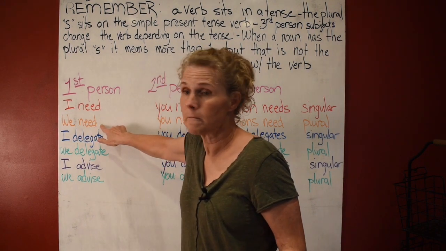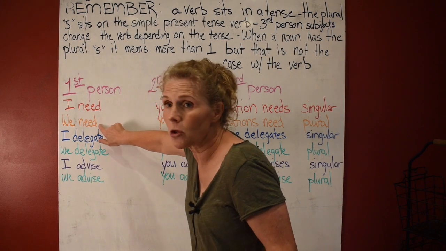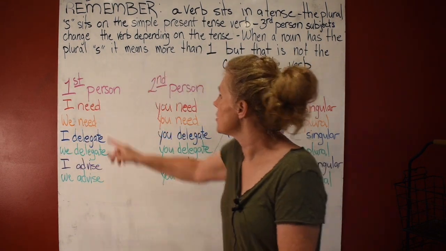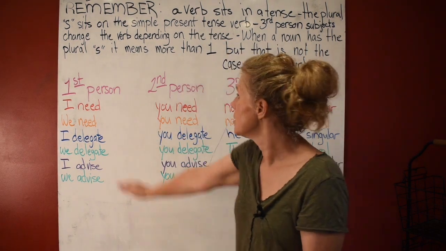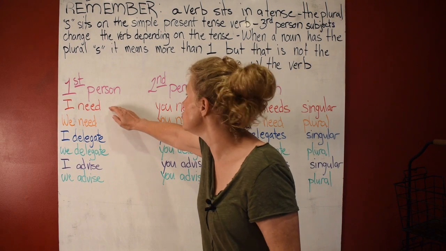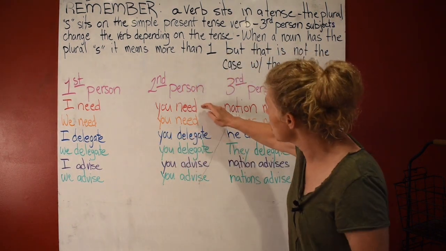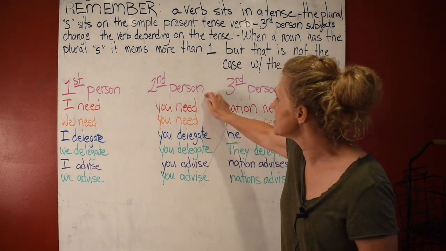Okay, so now we're doing the same thing. We need. This is plural, this is plural. Our verb does not change in first person with the s on here. Does that make sense? It does not change in first person. You do not use the plural s on your verb. It does not change, you need. It does not change in second person.